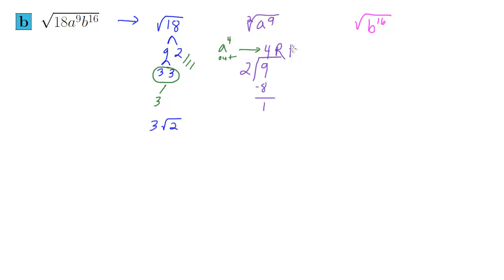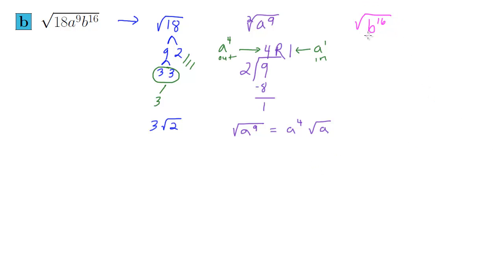And then I also have 1 a factor left inside. So in the end, the square root of a to the 9th is going to contribute an a to the 4th outside and a single a left inside.